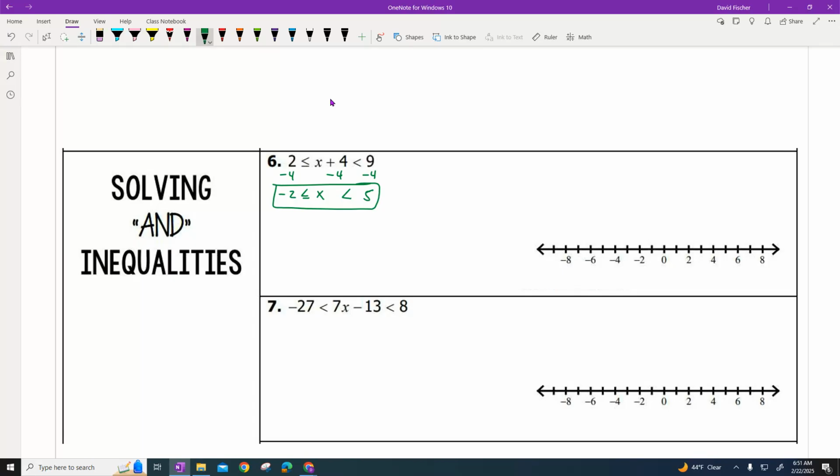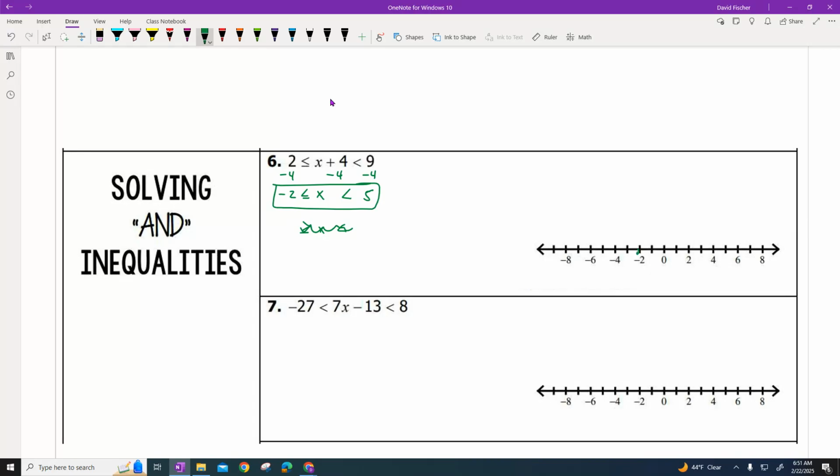Both arrows are still pointing to the left. So if for some reason I'm working through my math problem and I hit a negative and I flipped a sign and I had one sign going this way, x in the middle, and the sign going this way, it's like, wait a minute. This is an and statement. Fisher told me that the sign should always be pointing to the left, so something's wrong. Then you can just go back and check your work. All right, so we can just leave that answer there.